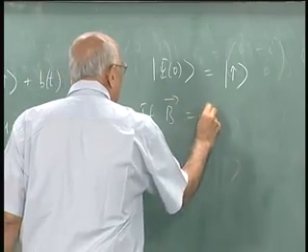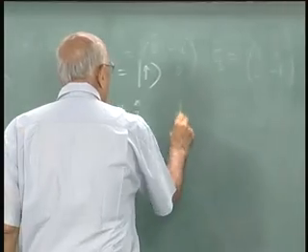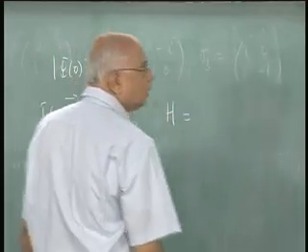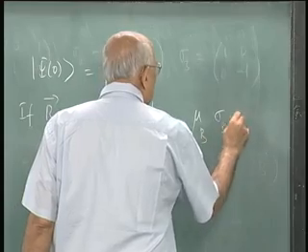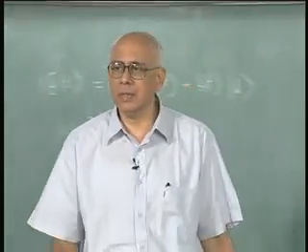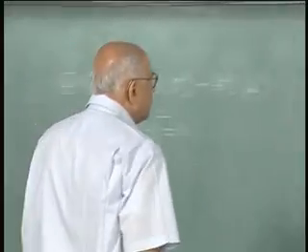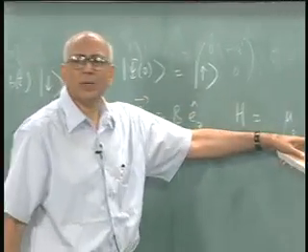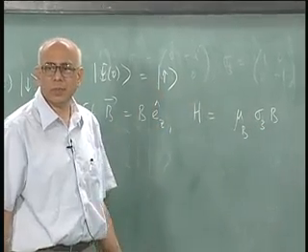Because if B is B times Ez, for example, then the magnetic Hamiltonian becomes mu b sigma dot B, which is just sigma 3 B. This state is an eigenstate of sigma 3 with eigenvalue plus half h cross, or plus 1.